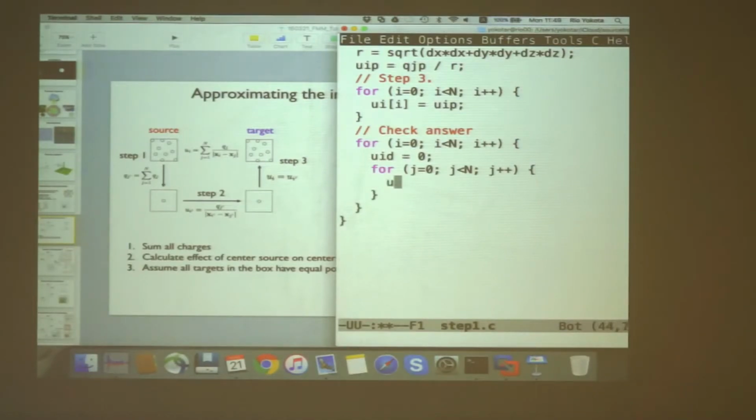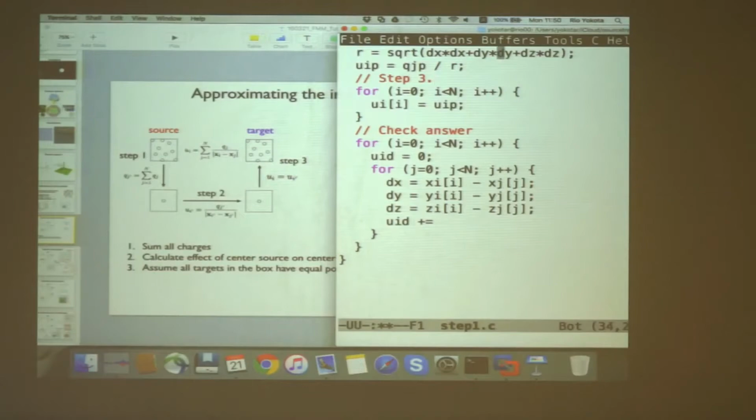So uid, we just calculate that from the original equation. Okay, so again I'm going to use the dx, dy, and dz. dx equals xi minus xj, and dx, dy, dz is like this.